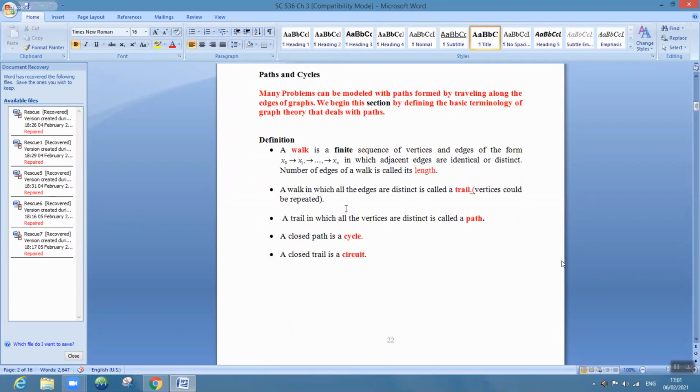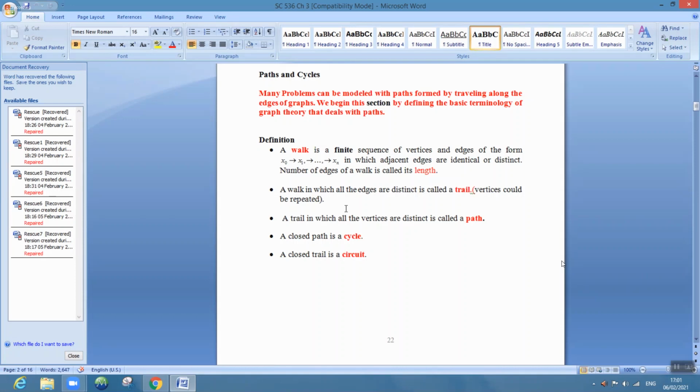A walk is a finite sequence of vertices and edges of the form x0 to x1, x1 to x2, x2 to x3, in which consecutive vertices are identical or distinct. The number of edges in the walk is called its length.